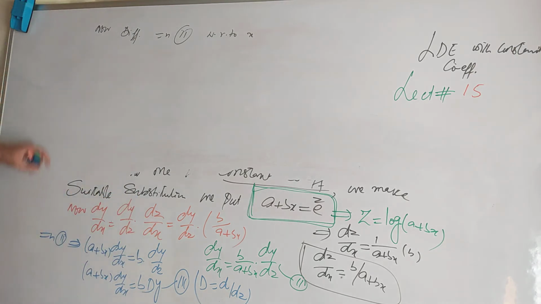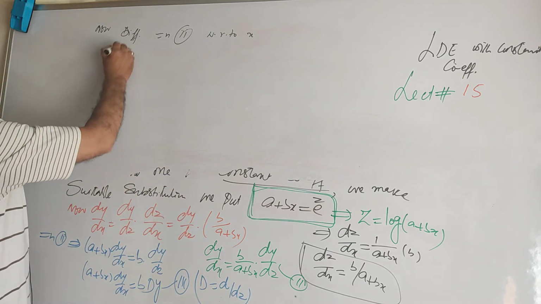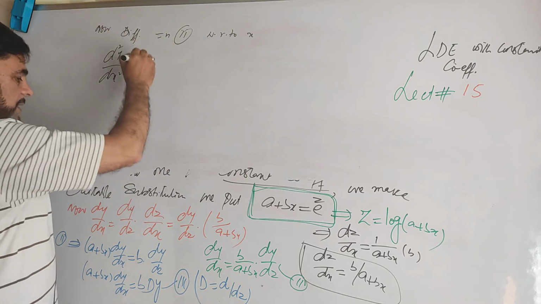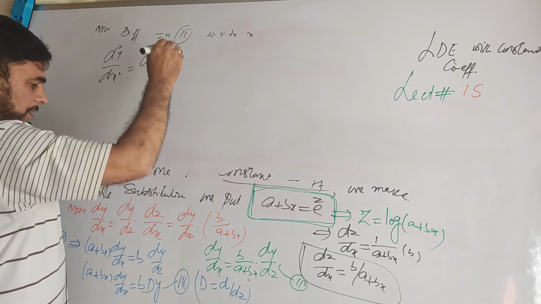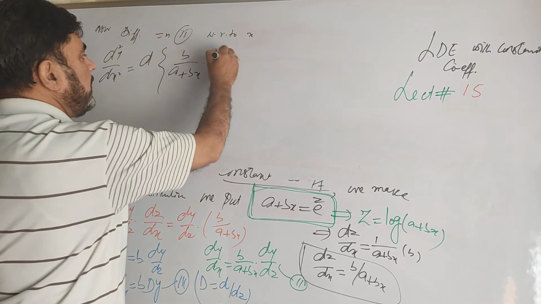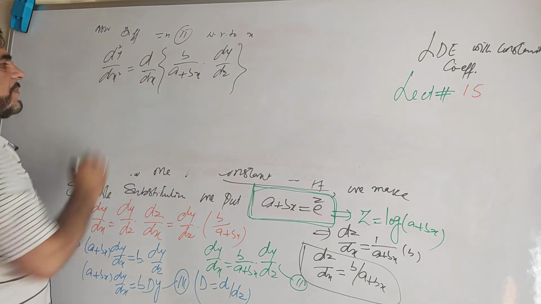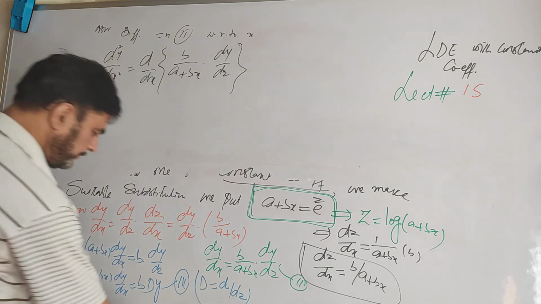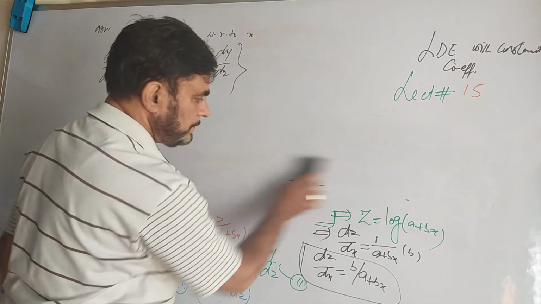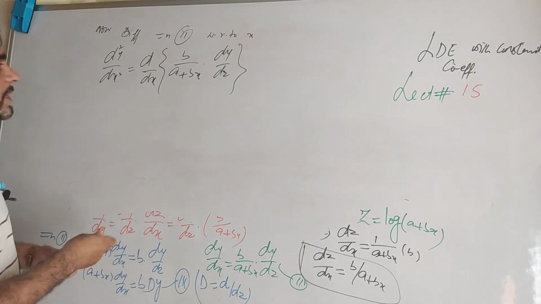And you see how when I differentiate this equation second, look here, it is d2y by dx square is equal to derivative of b by (a plus bx) times dy by dz. It is with respect to x. Now I can go by chain rule here.